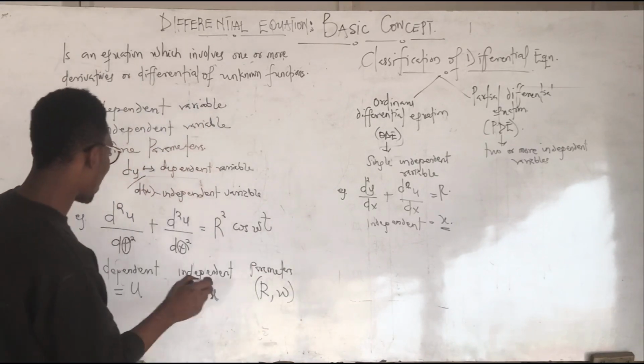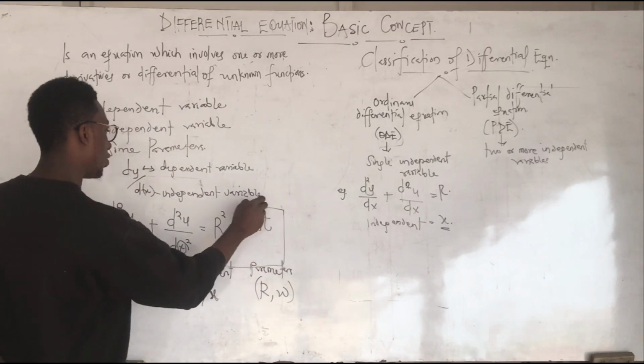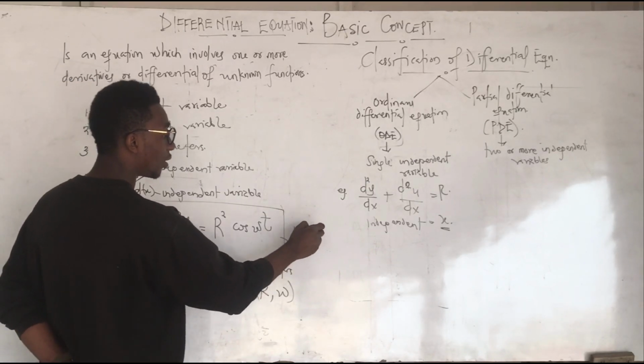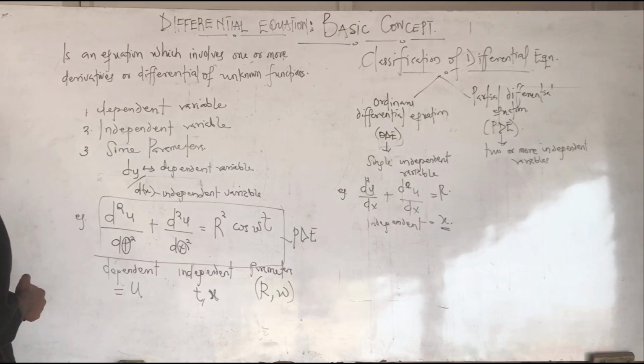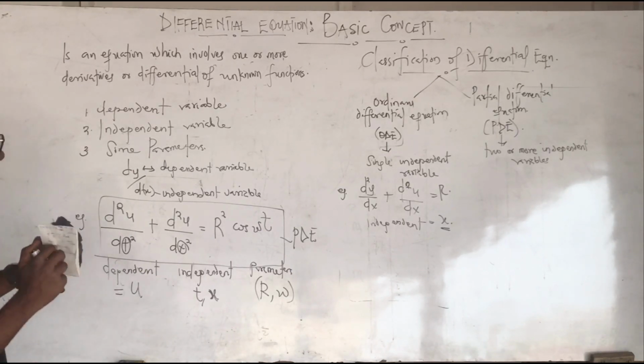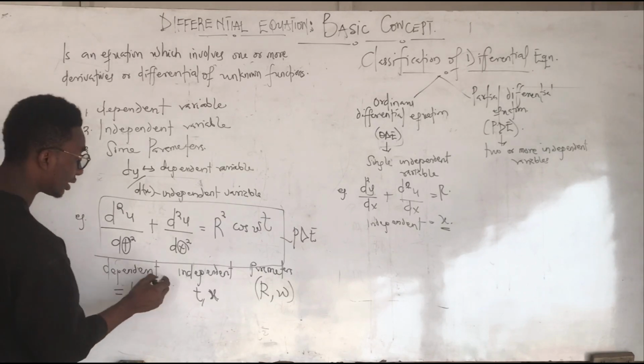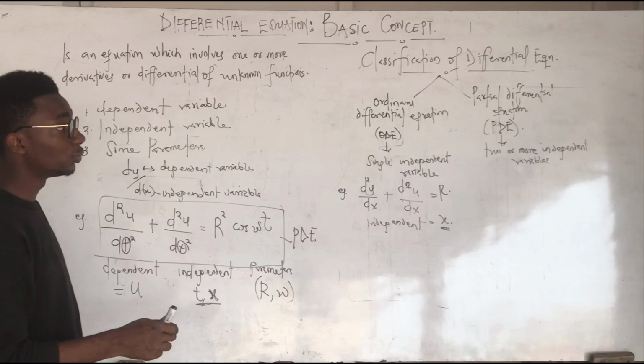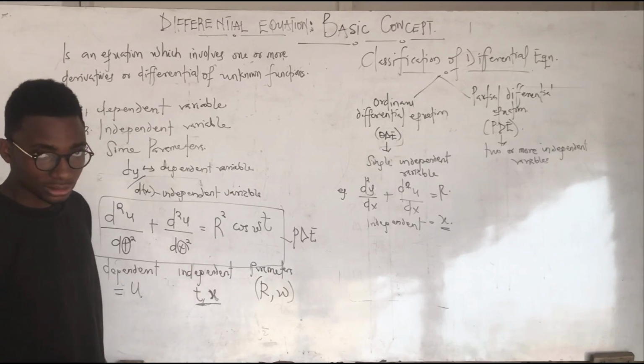Now consider this other equation here. It is a typical example of a partial differential equation, because it has two independent variables.